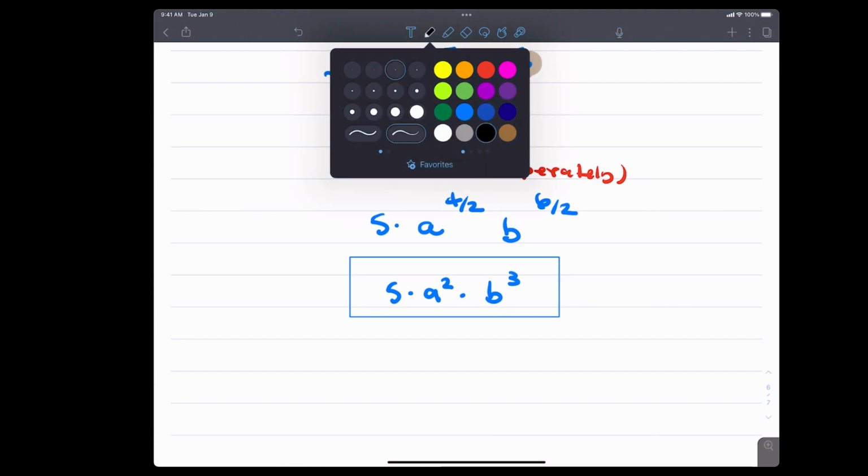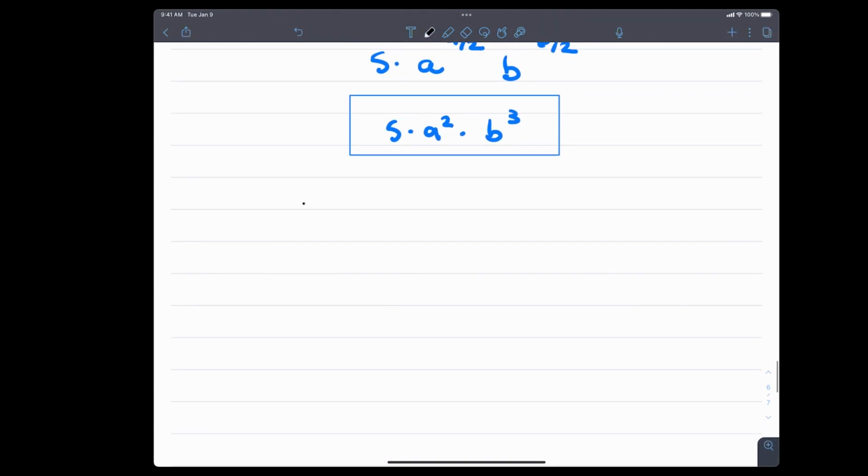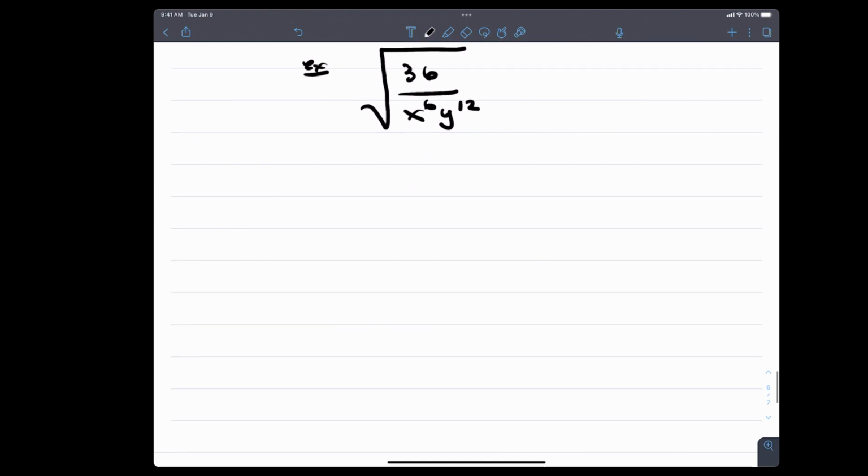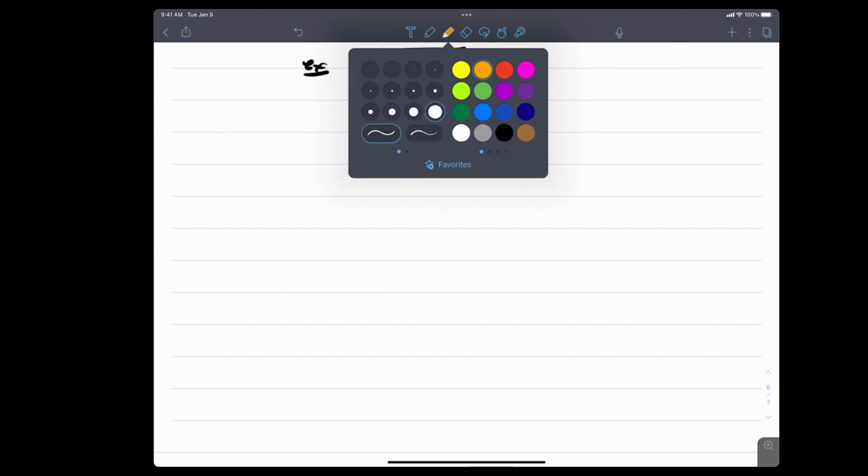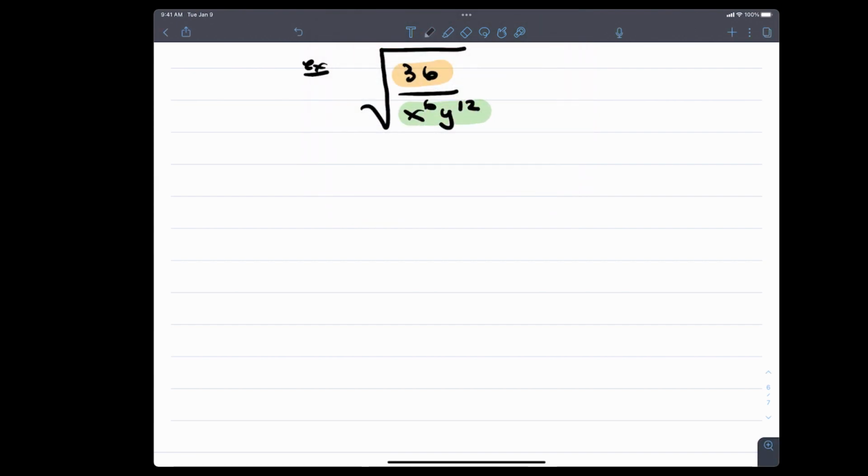Let's give you one more for the road. Square root of 36 over x to the 6, y to the 12th. Let's see if you're really awake on this one. You've got a numerator, you've got a denominator.